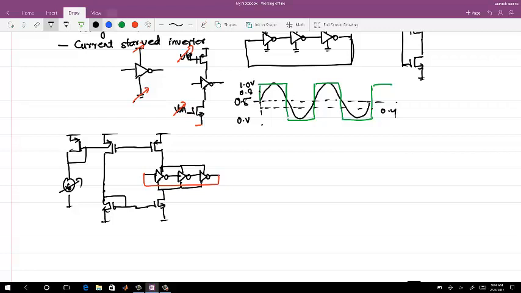If I change the frequency, let's say the frequency becomes half, I may have some kind of this frequency. Sorry, this has to go to 0.8. Whatever it is, like this. So with respect to the same common mode which you were looking at earlier, 0.5, your duty cycle is gone.